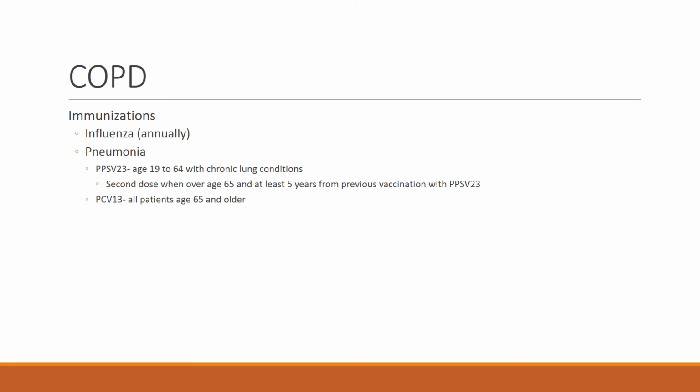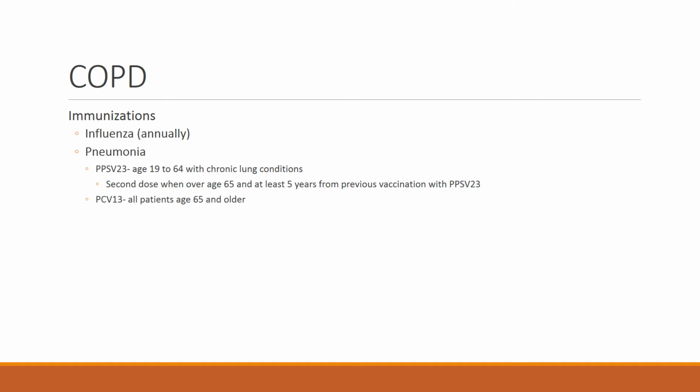I know when it first came out, there was the thought that patients needed a booster every 5 years or every 10 years. The guidance is one between the ages of 19 to 64 if you have lung disease like COPD or asthma, and then a second dose once the patient's over the age of 65. And it needs to be at least 5 years from the first PPSV 23.